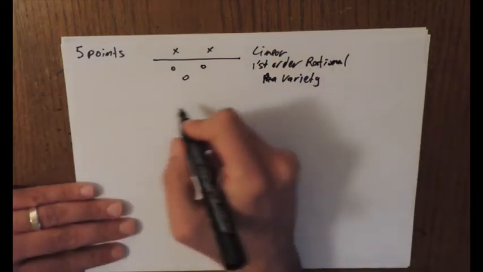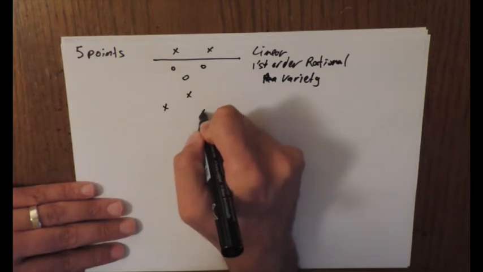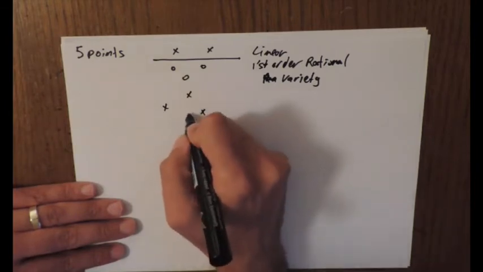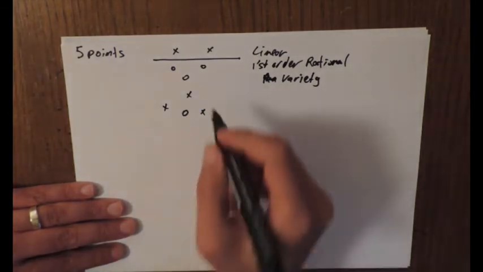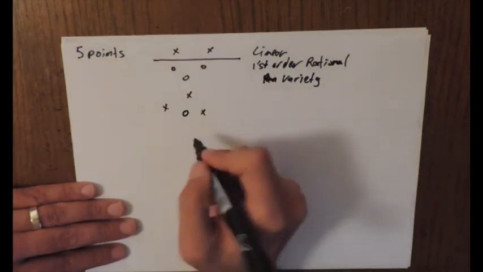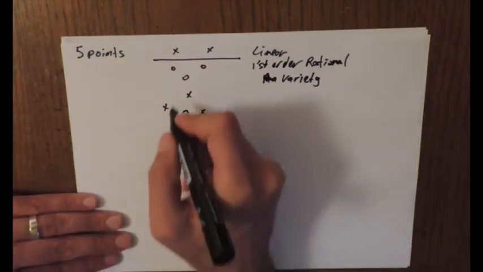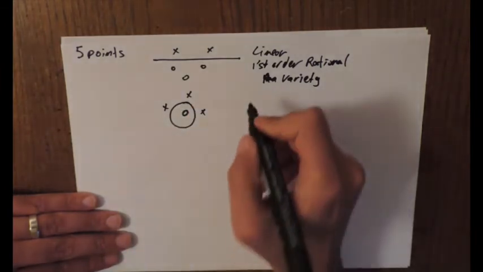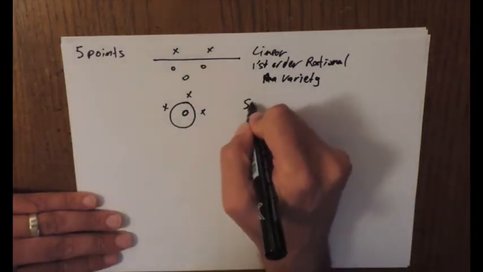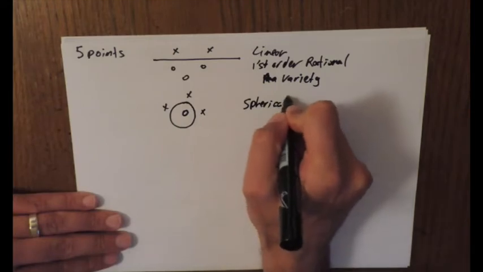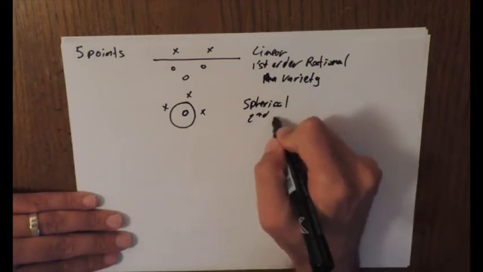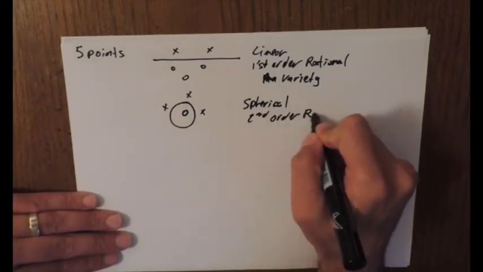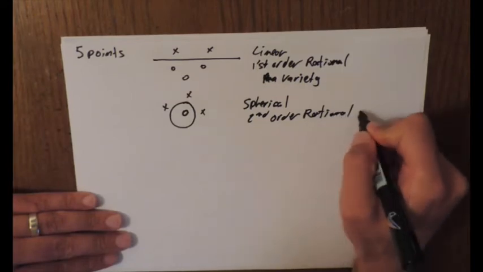Now, if we have something like this, clearly we cannot have anything linear, so we can have now a spherical separation, and here we have something called spherical or second order rational variety.